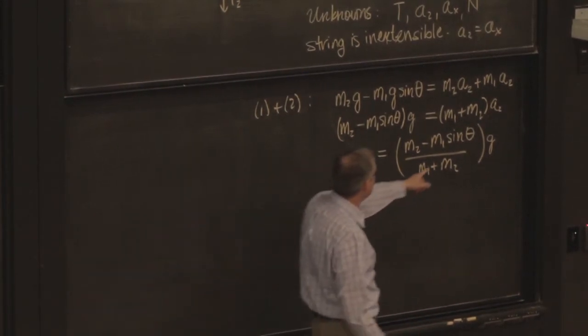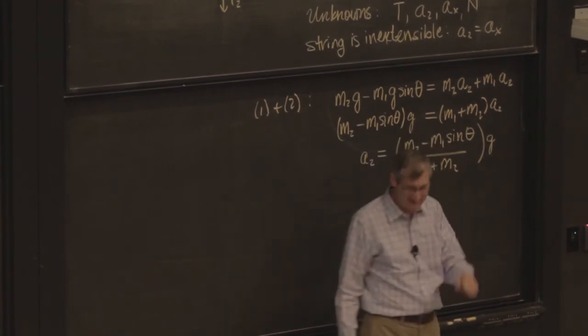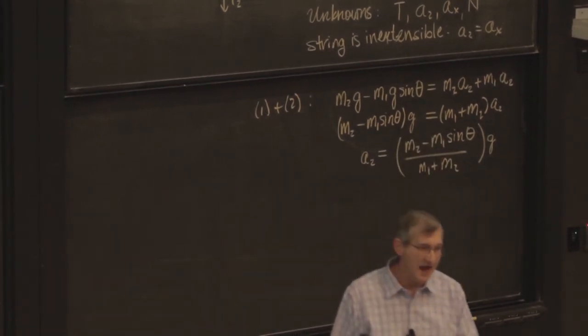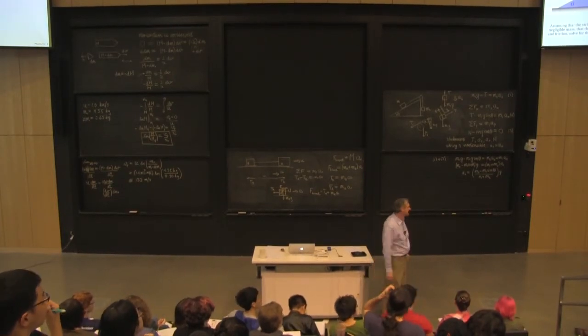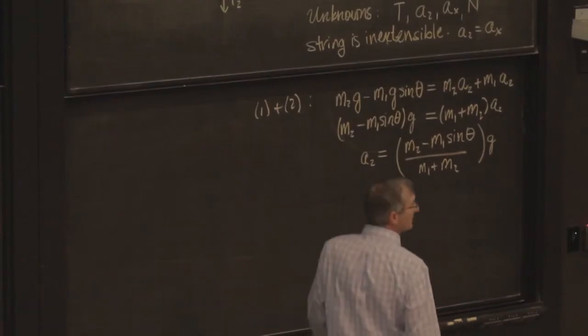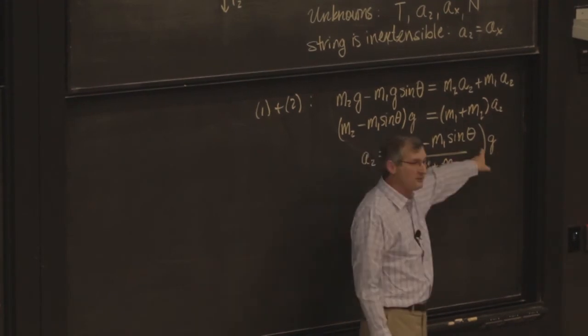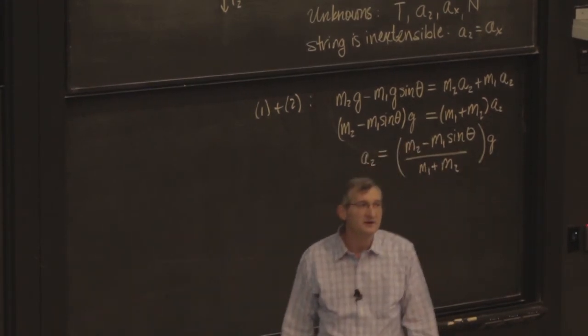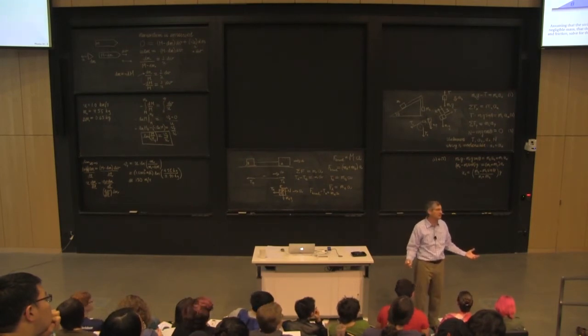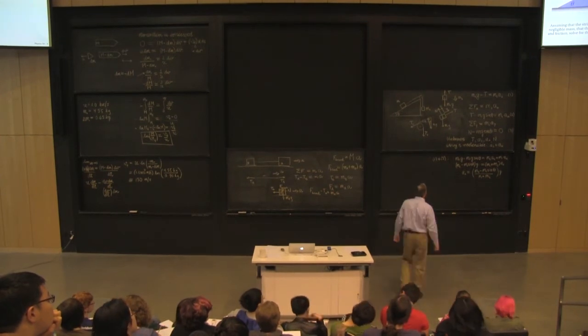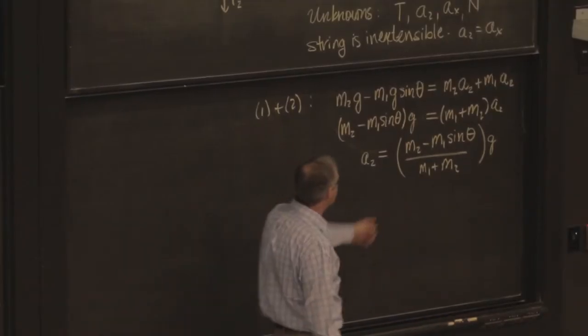This term drops, and we have M2g as the incentive to go down, but how much mass is moving? All of it, M1 plus M2. And so the acceleration is the net downward force, M2g, divided by all the mass that's being accelerated, M1 plus M2. Does that make sense? We good? Okay, so that checks out.